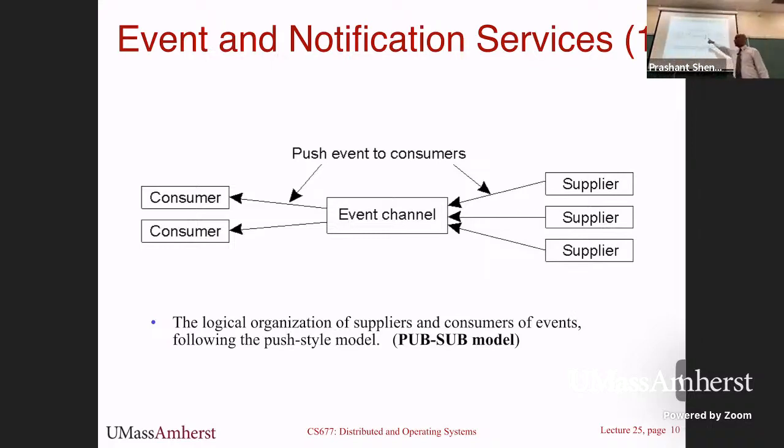Furthermore, as this picture shows, this is a push-based publish-subscribe model where the publishers are pushing data to an event channel, and the event channel is pushing data to consumers. Push and push. CORBA also supports this. This was actually one of the first times they implemented this in middleware. So if you want to use a pub-sub type application, you just have to use the event service from CORBA and you get all of this functionality.